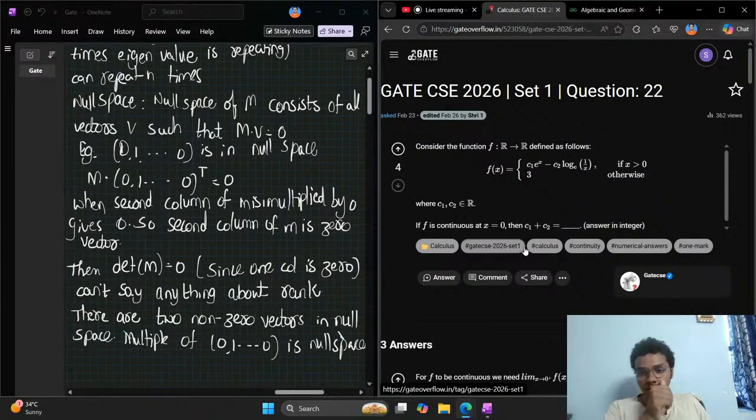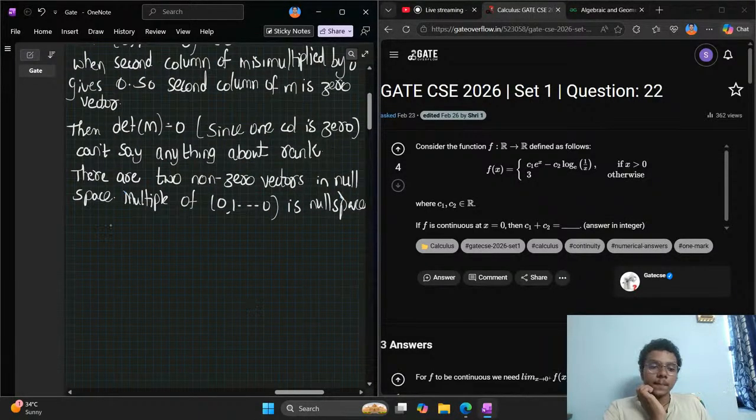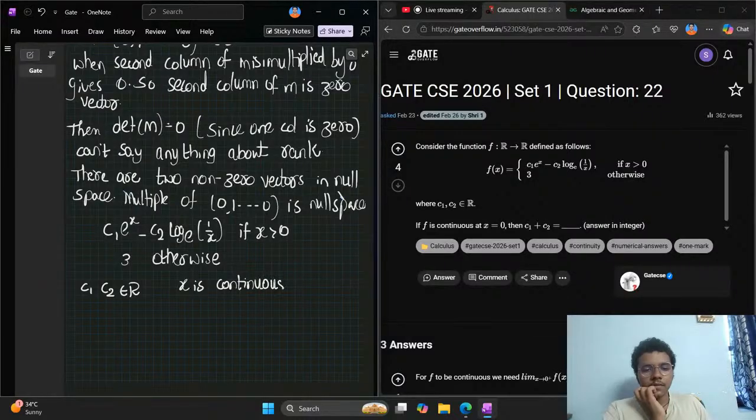Okay, this is a function: c1 plus c2. You need an integral answer. C1 e power x minus C2 log e 1 by x if x is greater than 0, 3 otherwise, C1, C2 belong to R. F is continuous at x equals 0.